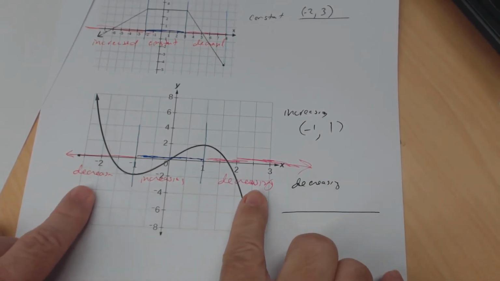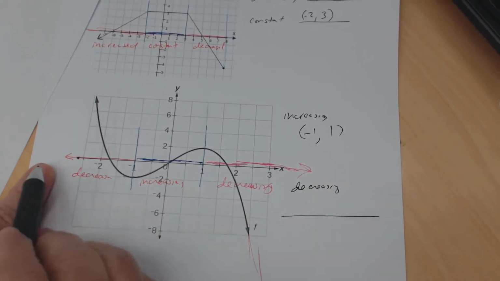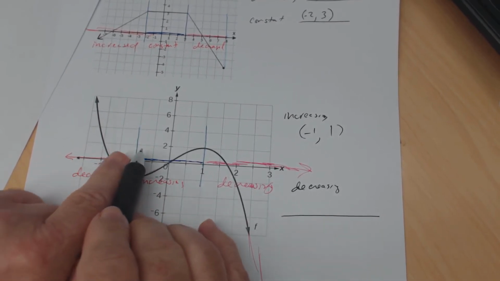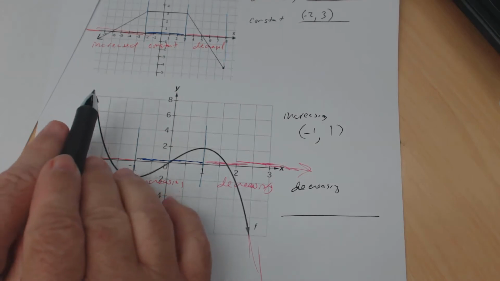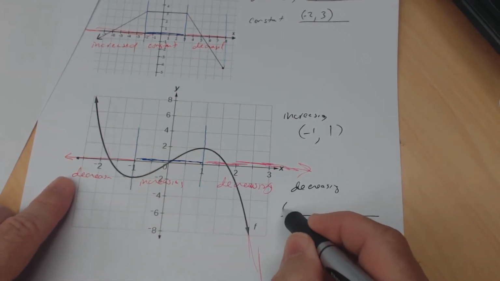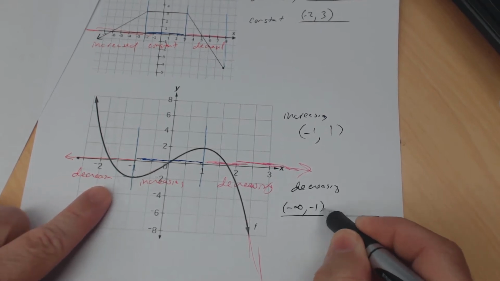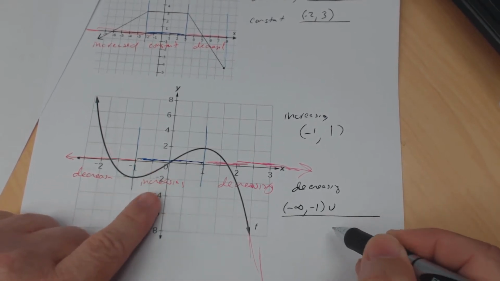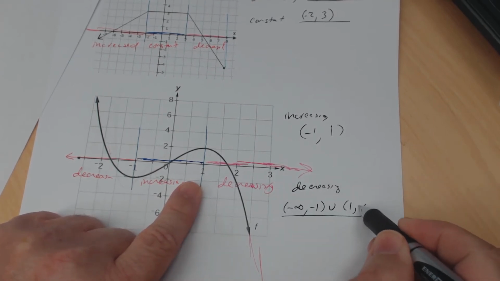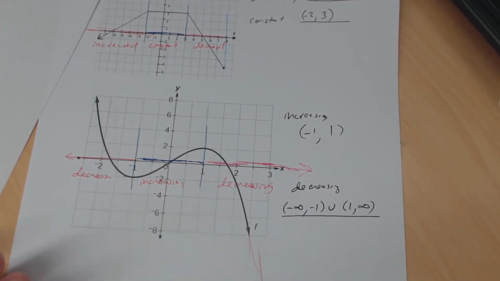Remember, it's decreasing in 2 intervals. From negative infinity to -1, my y values are decreasing. My function is decreasing. So from negative infinity to -1, union, make sure you put the word union, from 1 to infinity. Constant.